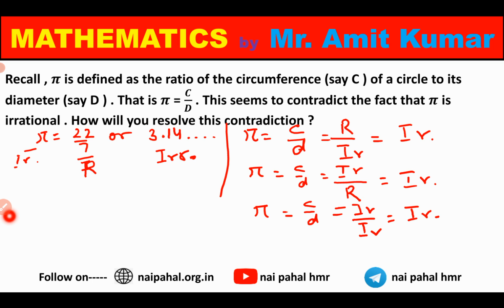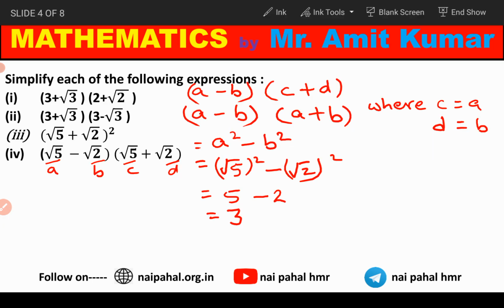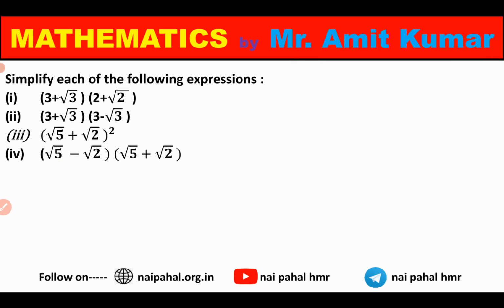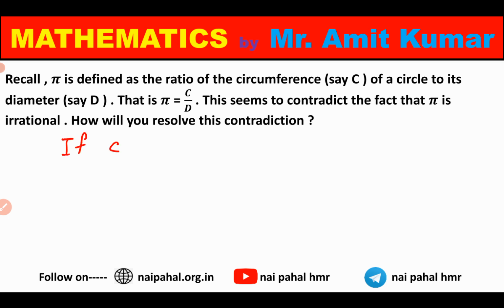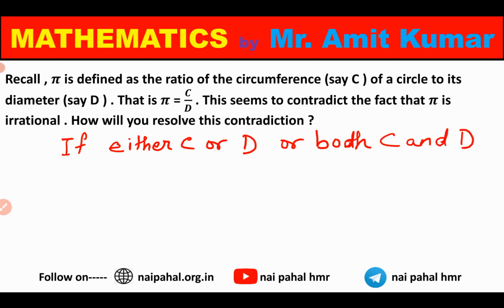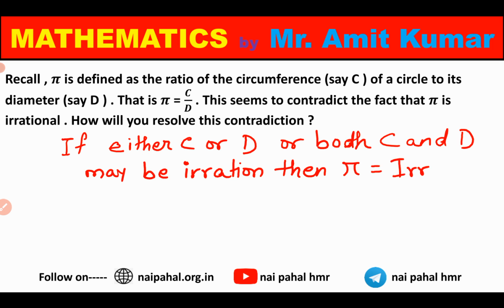If you are not getting it, then I would like to clarify that if C or D or both C and D may be irrational, then pi is irrational.